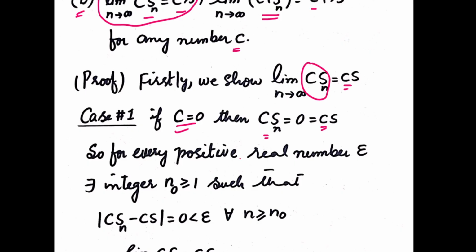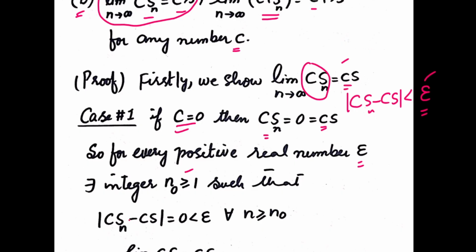So for every positive real number epsilon, there exists an integer n naught greater than or equal to 1, such that the absolute difference... What we have to prove? We have to prove that its limit is Cs. For this, we will always consider the absolute difference Csn minus Cs, and we will show that this is less than some positive real number epsilon.